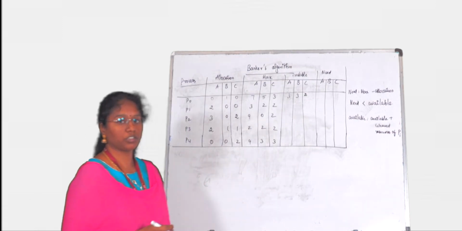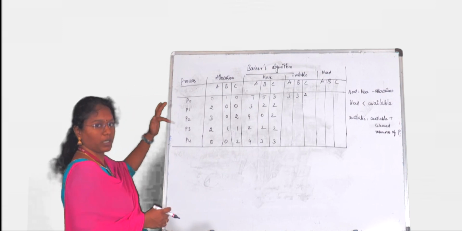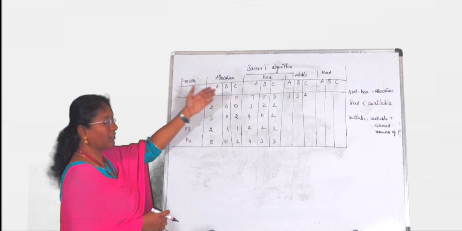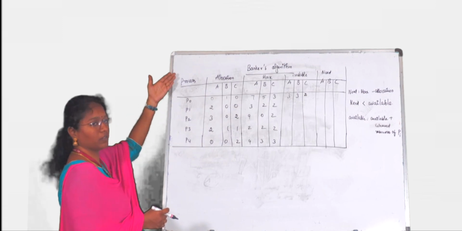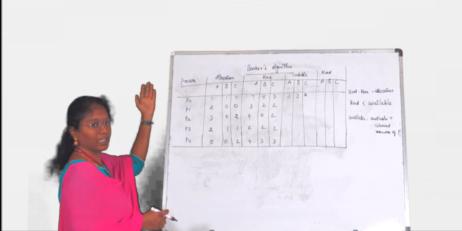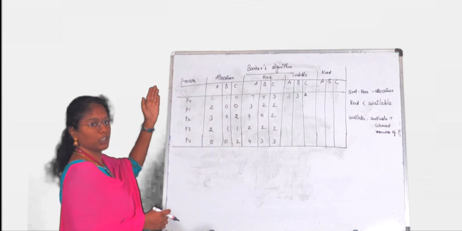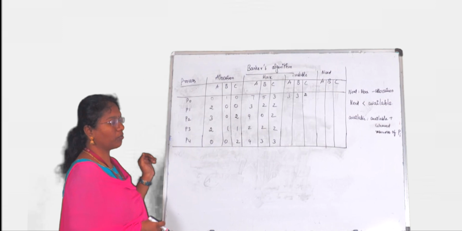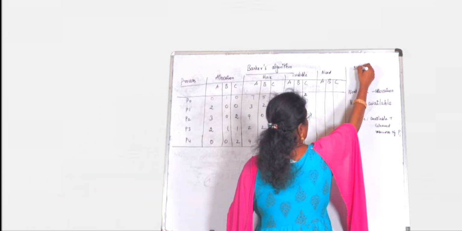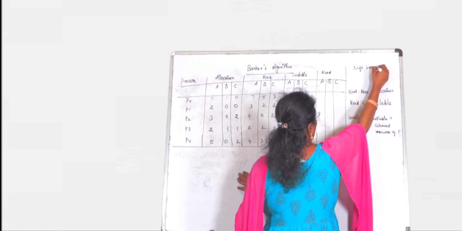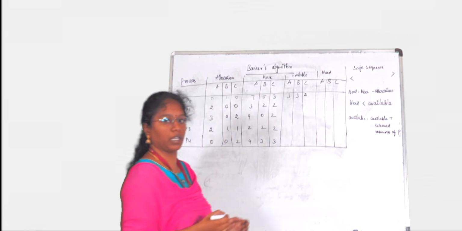We can't assure that P0 will execute first, then P1, P2, P3, P4. According to the availability of resources, P4 might execute first, or P0, or P3. So according to the availability of resources, we can be sure which process will execute. For that we have to find out the safe sequence, the sequence in which the processes execute.